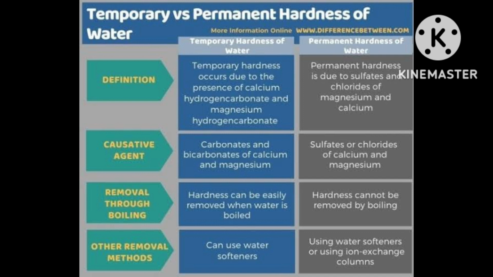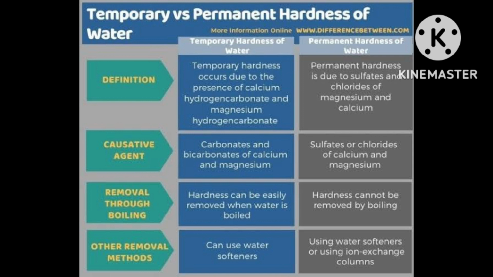There are two types of hardness, temporary hardness and permanent hardness. But soft water will not contain calcium chloride, magnesium chloride, calcium sulfate, magnesium sulfate. This question is very, very important and it is always asked.